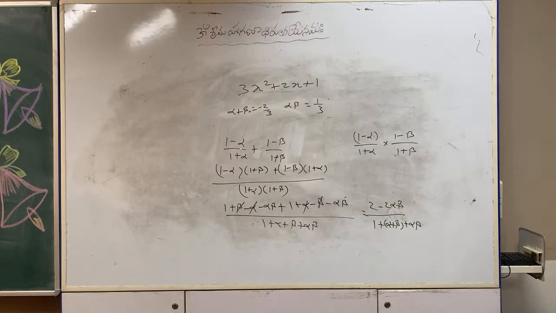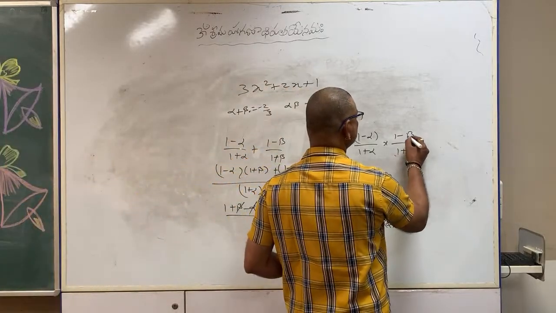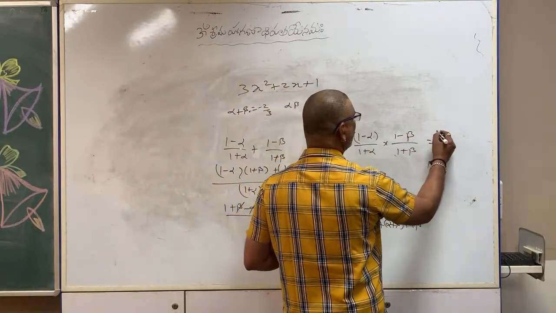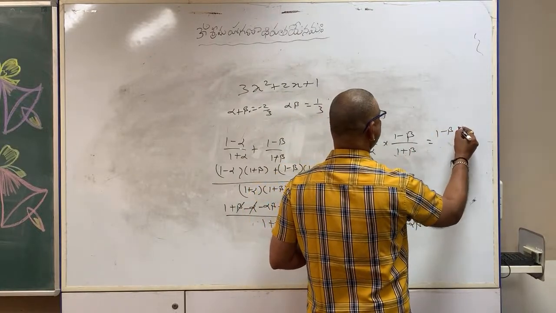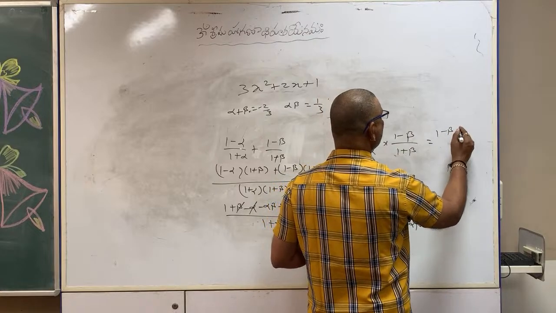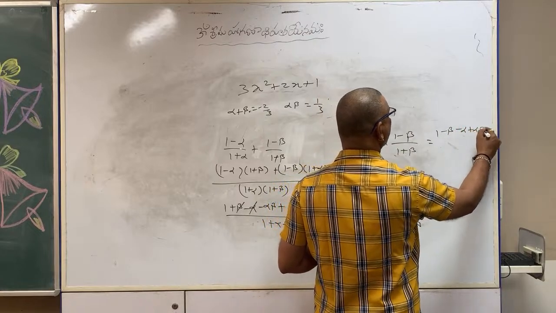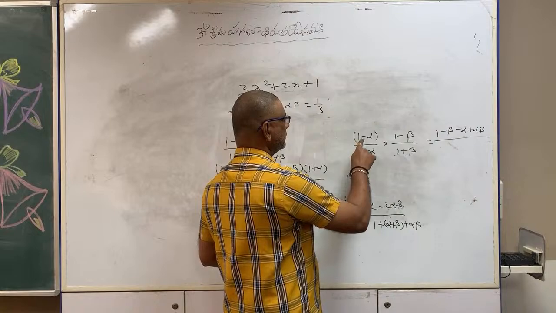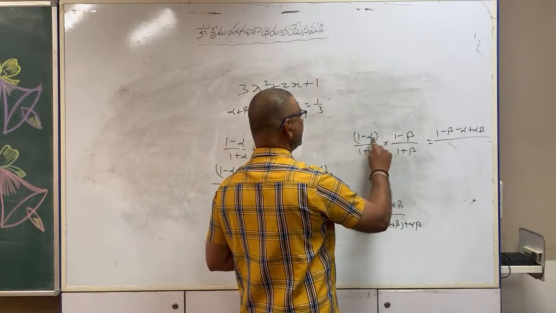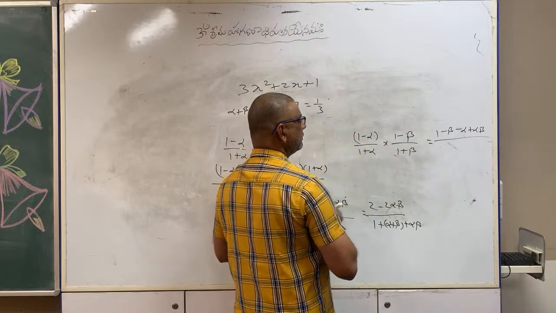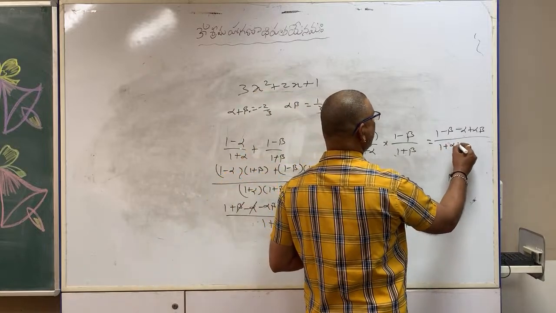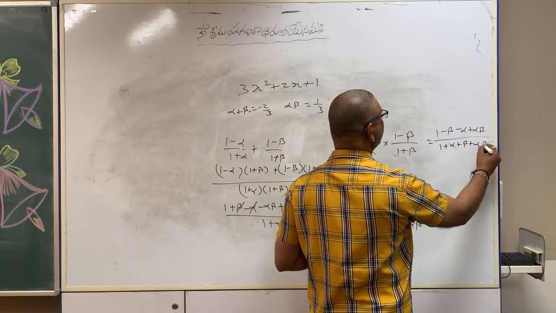Sum of zeros. Then find out product of zeros. What is product of zeros? 1 into 1, 1 minus beta plus alpha minus alpha plus alpha beta on the top. 1 minus beta minus alpha plus alpha beta. And here 1 plus alpha plus beta plus alpha beta.